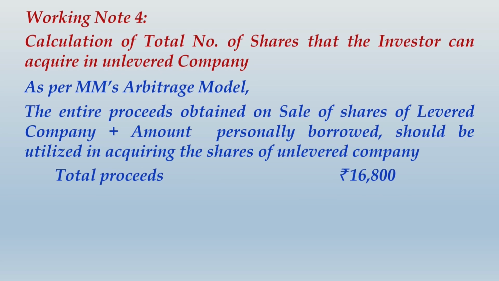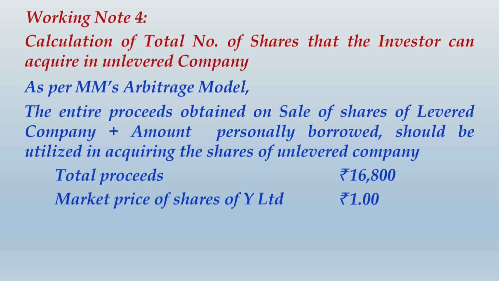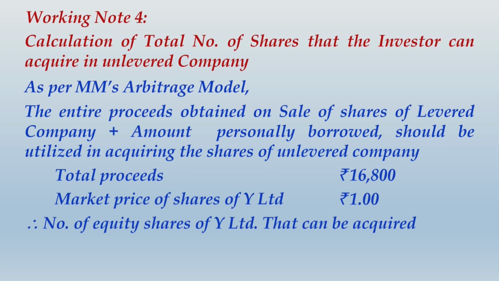So total proceeds, it is 16,800. Market price of share of Y Limited is rupee 1. So the maximum number of shares that you can acquire at the rate of rupee 1 per share with the proceeds of 16,800 will be 16,800 divided by 1, and that will be 16,800 shares. So please write up this working as well and then I take you ahead.